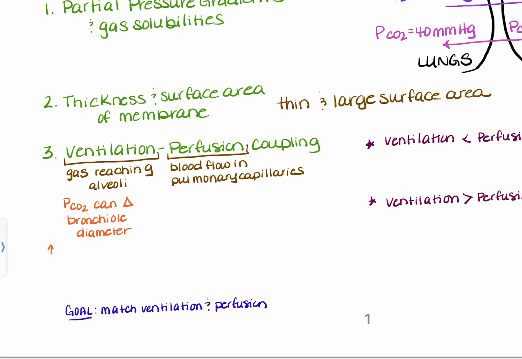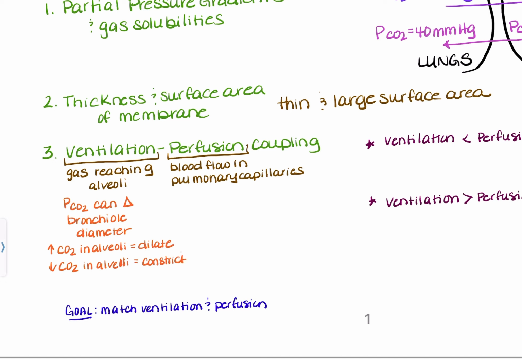So if we increase the amount of carbon dioxide in our alveoli, we're going to dilate our bronchioles. And if we decrease the amount of carbon dioxide in our alveoli, we're going to constrict them.